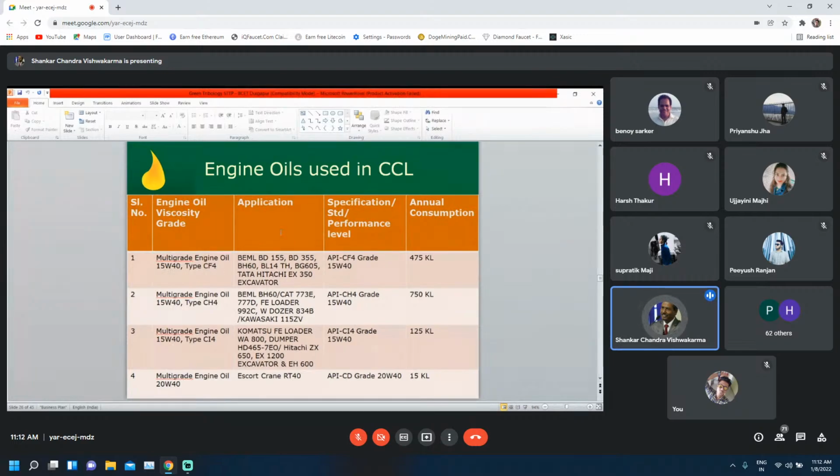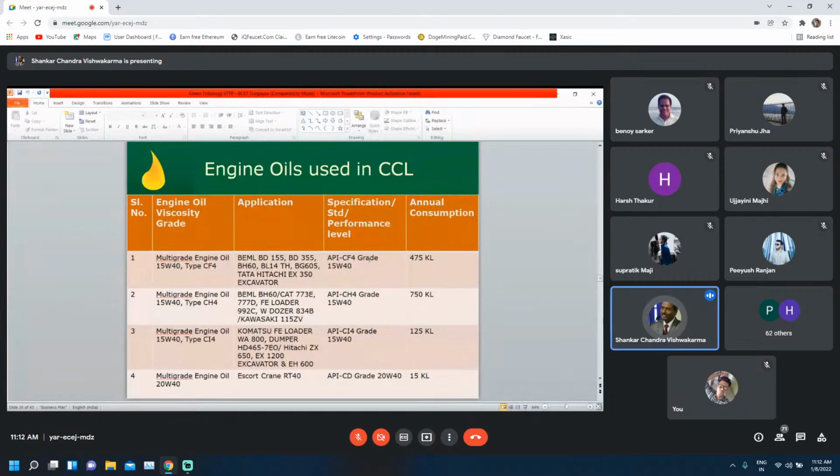And you see these are the applications where we are using it: BML dump dozers, a 320 HP dozer, then a 410 HP dozer, the 60-ton dump trucks, the motor graders, the excavators. So this is a very common multigrade oil which is being used in the HEMMs. And you see the specification or standard performance level required is API CF4 grade. So this is a standard.